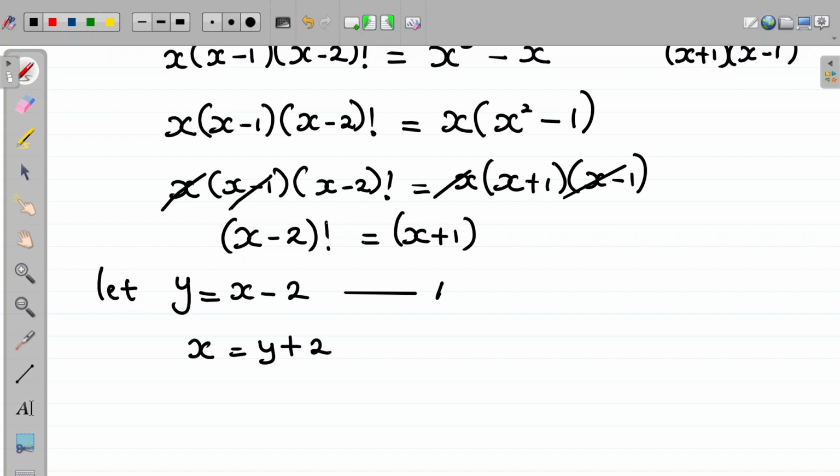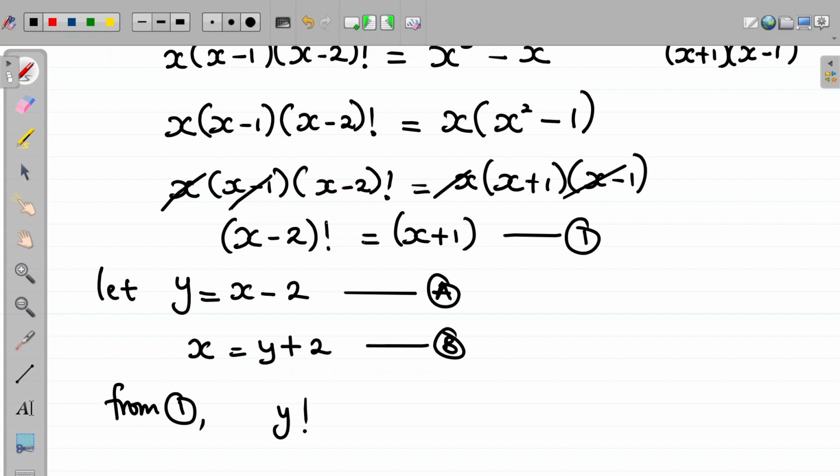Permit me to call here equation A and here equation B, and also let's call here equation 1. So from equation 1, we can have that y factorial is equal to x plus 1.